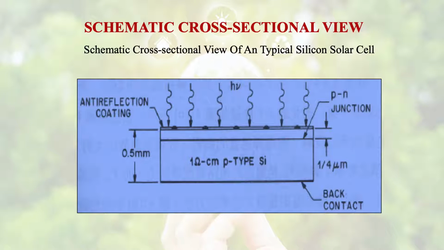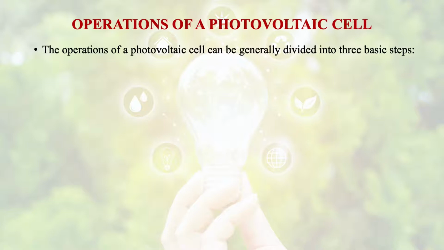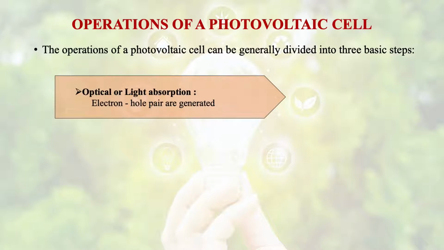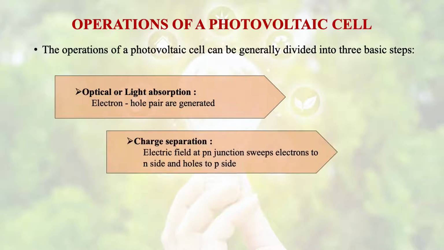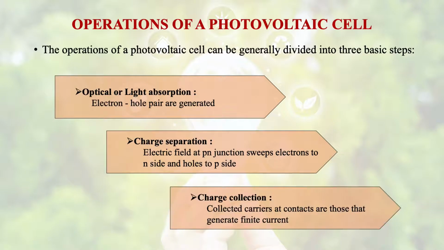It is only 1/4 micrometer as compared to the p-type semiconductor of the silicon solar cell. The operation of a photovoltaic cell can generally be divided into 3 basic steps: light absorption, then charge separation, and then charge collection at the contacts.